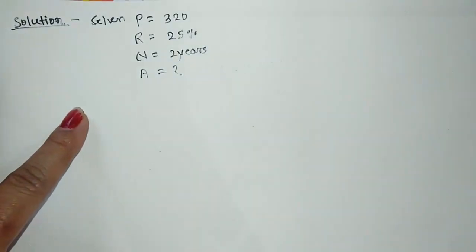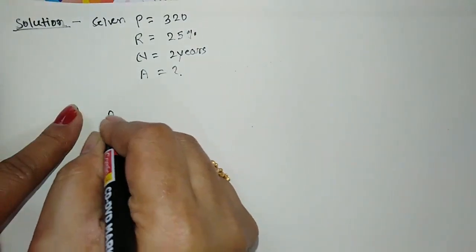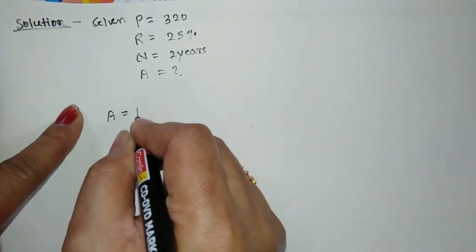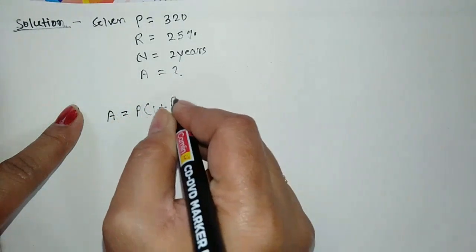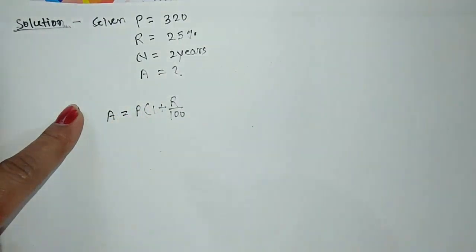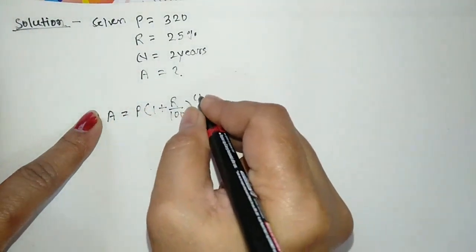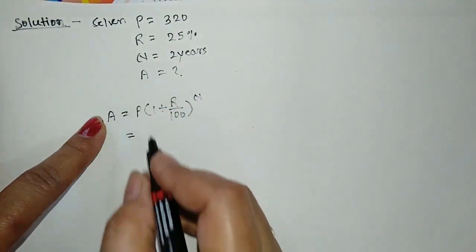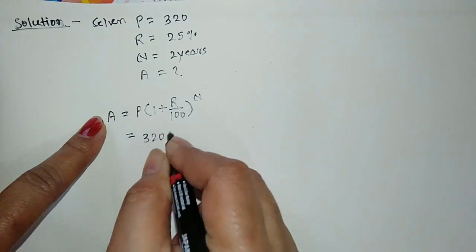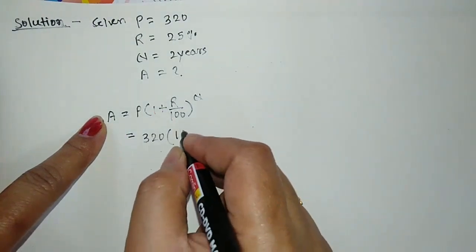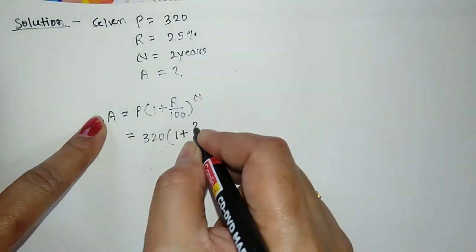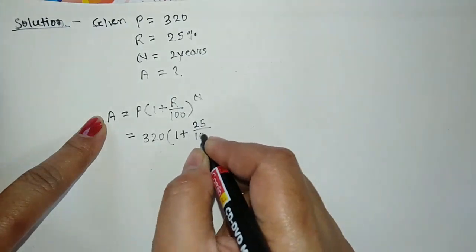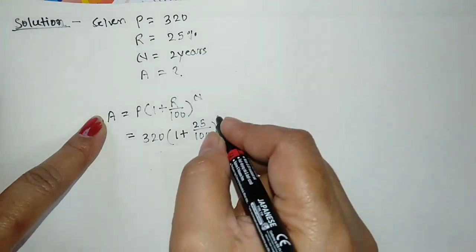So write down the formula. A is equal to P into 1 plus R upon 100 raised to N. So put the values here. 320 into 1 plus 25 upon 100 raised to 2.